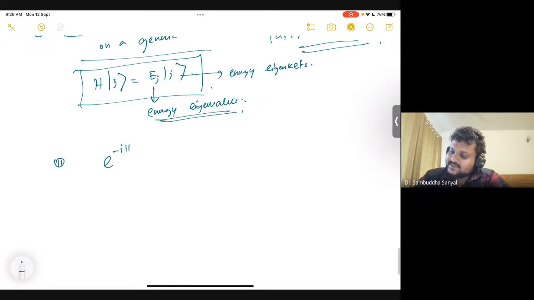So I want to express e to the power minus iHt by h bar as <j'|...|j''>. So that means I can use the resolution of identity twice.